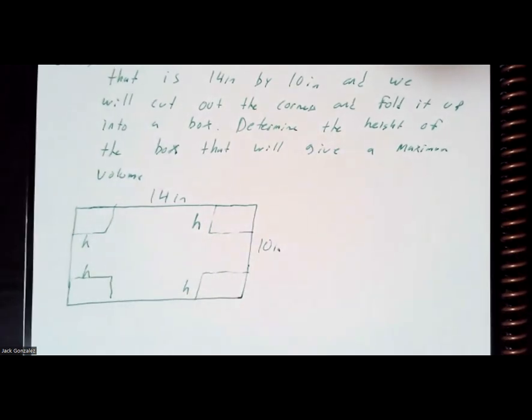So we are maximizing volume of a rectangular prism. We need to have it in terms of height, because the height is going to determine the volume.